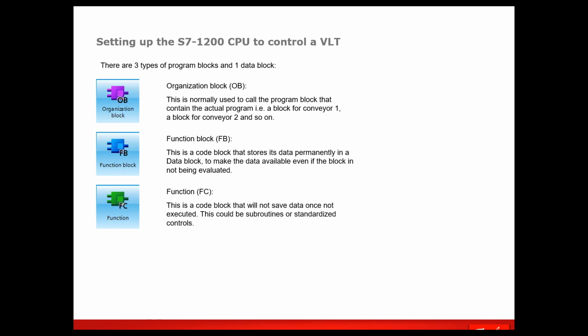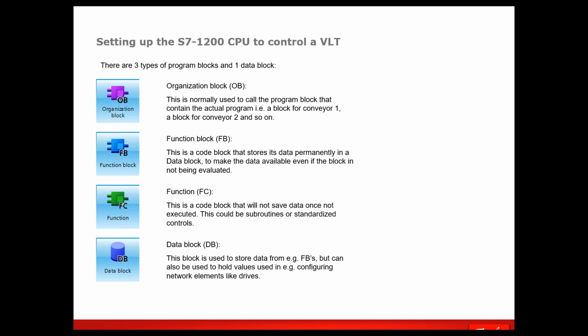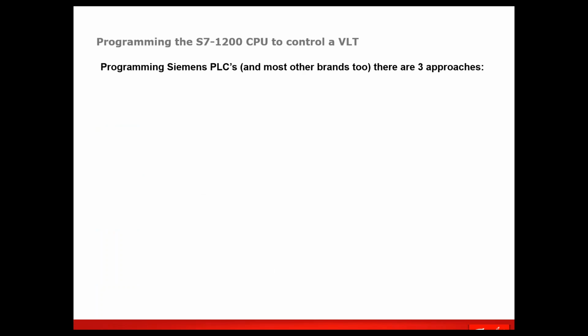And a function is a code block that will not save its data once it's not executed. It's usually subroutines and such. And then a data block. The data block is used to store data from function blocks. It can be used to hold values and configuration of network elements like the drives, like if you're writing motor parameters and such.